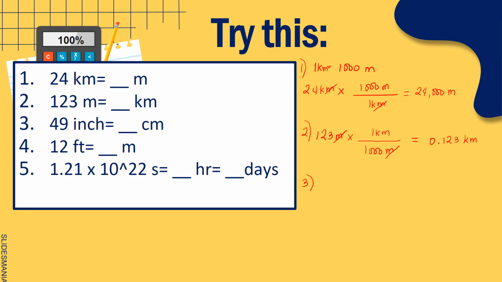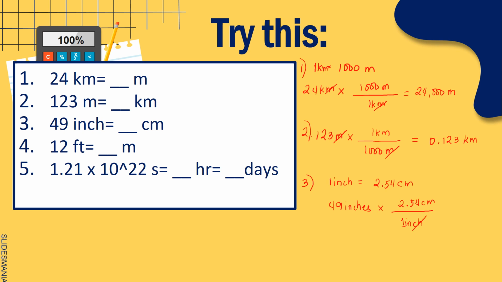For number 3, we have 49 inches to centimeters. Always remember that 1 inch is equal to 2.54 centimeters. So we have 49 inches times, just write 1 inch here. 1 inch is equal to 2.54 centimeters.